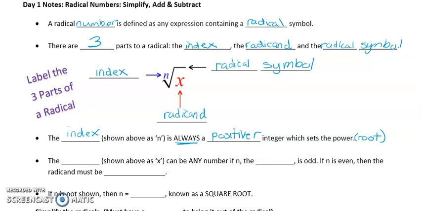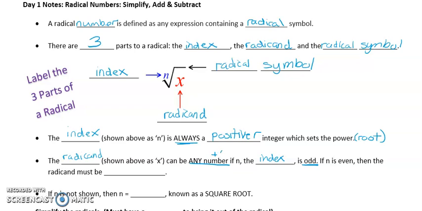The blank shown as the x above, so we said the x was called our radicand. Our radicand can be any number if n, which we said is the index, is odd. So it can be any number, positive or negative.